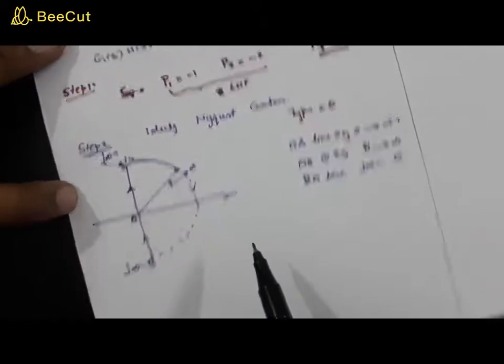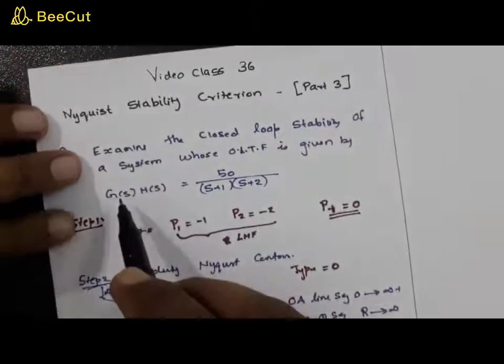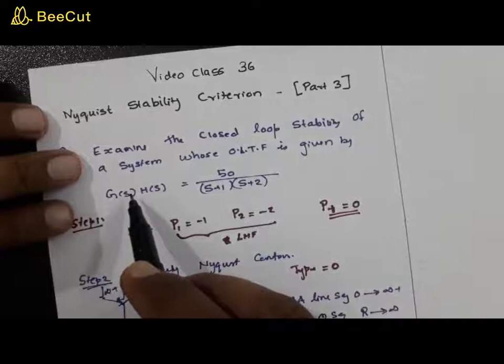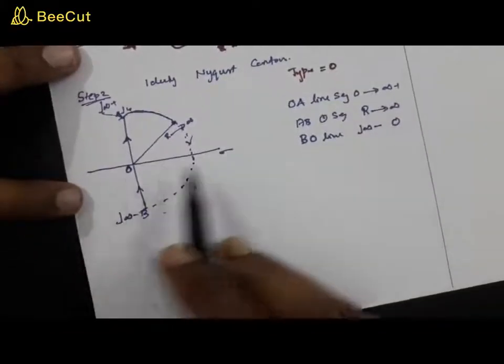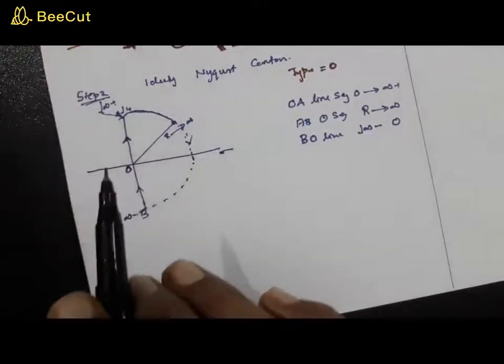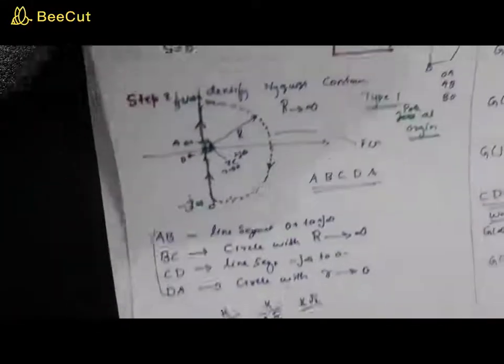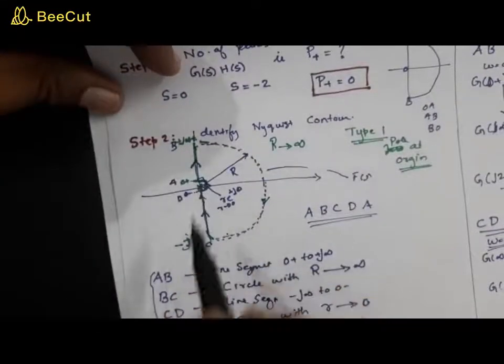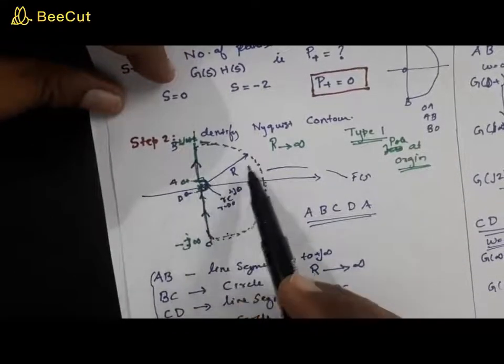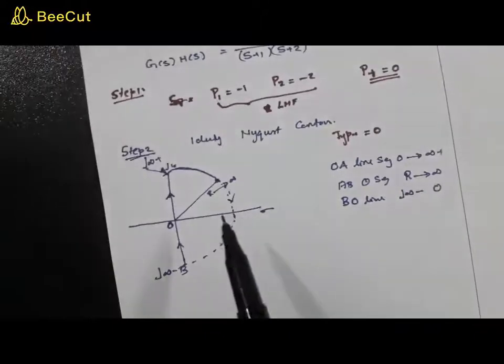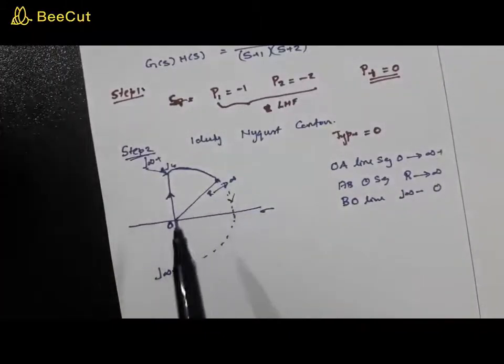Mapping into the plane means you need to substitute g of j omega, h of j omega, so you need to have the mapping function. Look at the difference from the previous problem. In the previous problem, you had 4 segments, 2 line segments and 2 circular segments, while here you have only 3 segments.